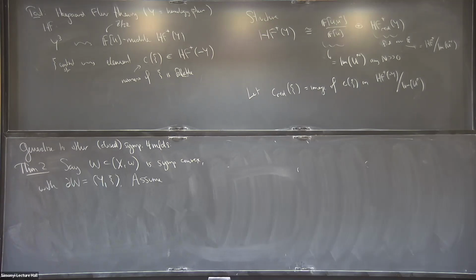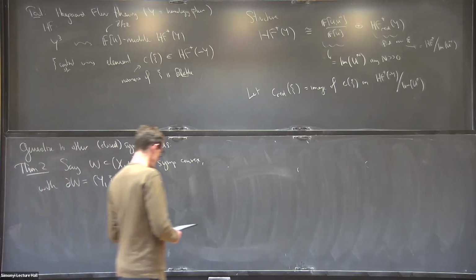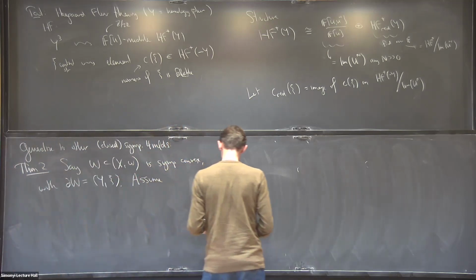You can just construct such a thing. It's not like Y never appears as a contact type hypersurface. So it's really constraints on X that are going to be necessary.